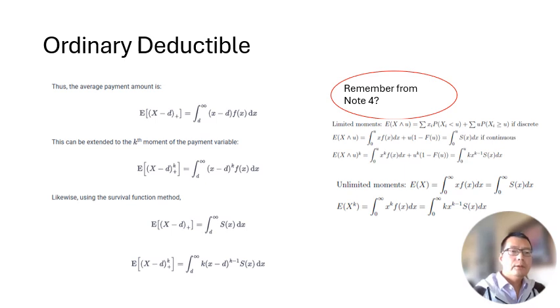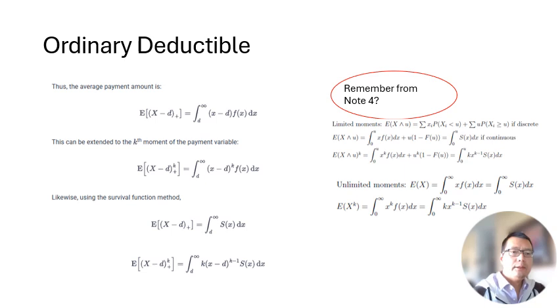Now we know the definition of ordinary deductible. Of course, we are going to calculate the expected value of the payment after the ordinary deductible. So the expected value will be the integral of (x minus D) times f(x), which is the probability density function, integral from D to infinity.